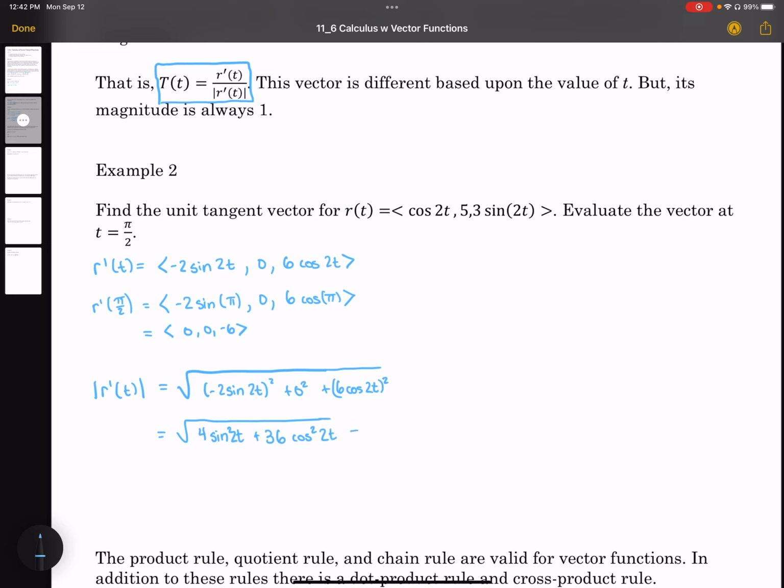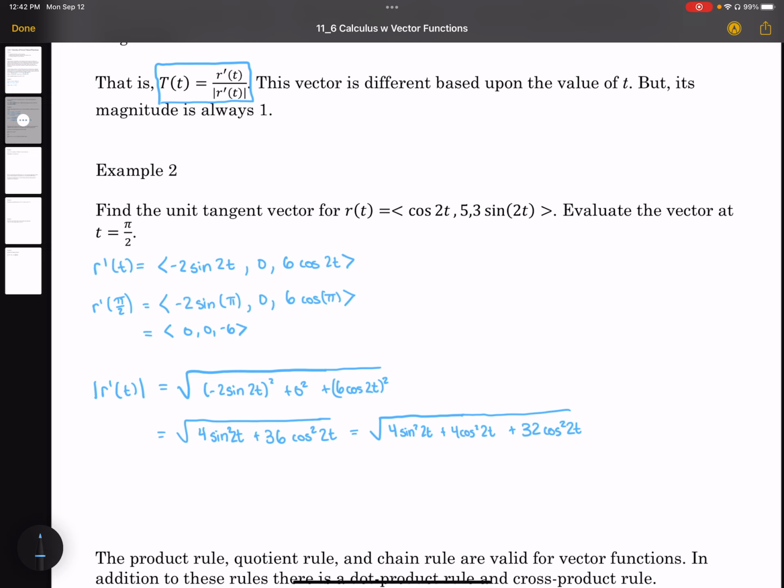And so we're going to do this a lot when we deal with unit tangent vectors. We can split this to be the square root of 4 sine squared 2t plus 4 cosine squared 2t plus 32 cosine squared 2t. And here we know that sine squared plus cosine squared is equal to 1.